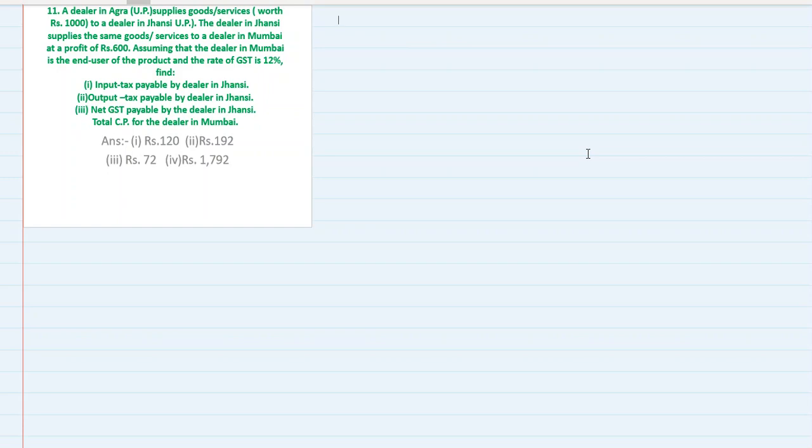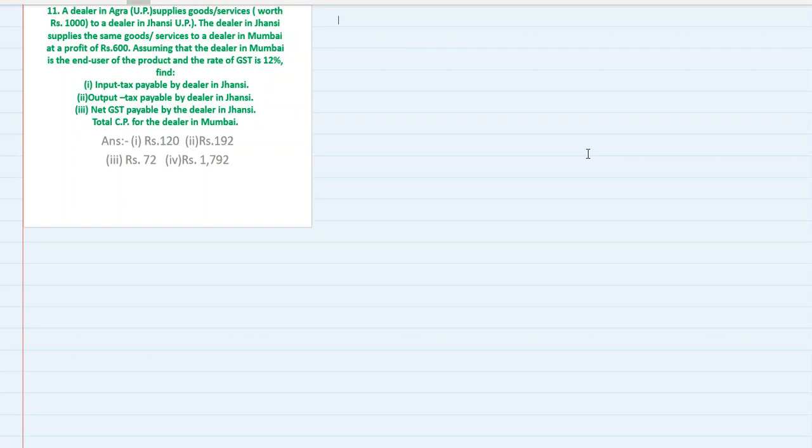So the cost price of the goods for the dealer in Jhansi, who's in UP, is 1000, and the cost price for the dealer in Mumbai is rupees 1600 because there is a profit of 600 involved.